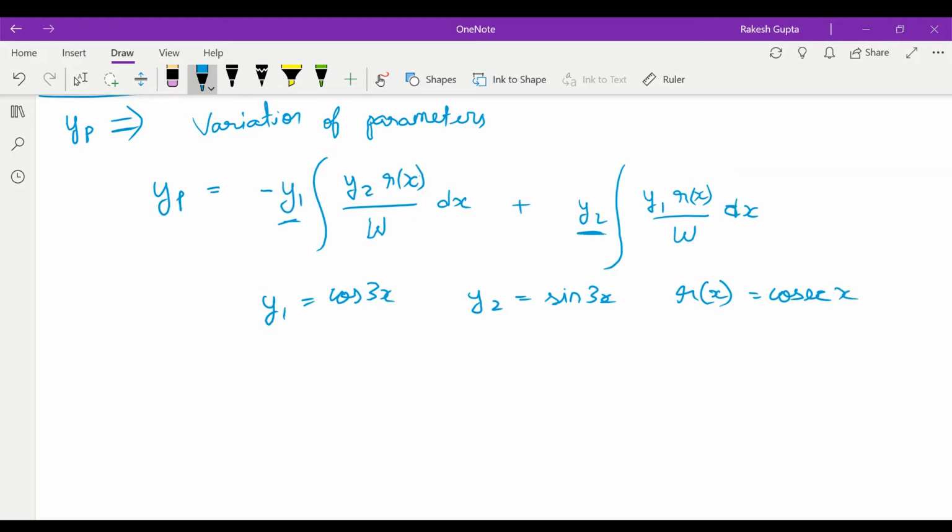So now the question is what is w? So w is the Wronskian. I don't know how to pronounce this, so I'm just going to write this.